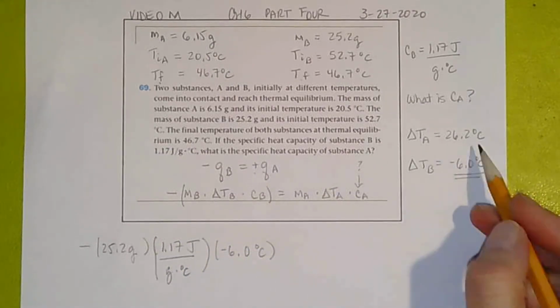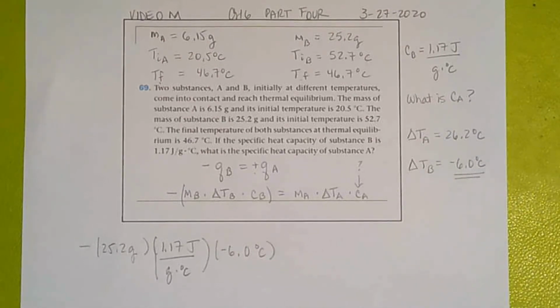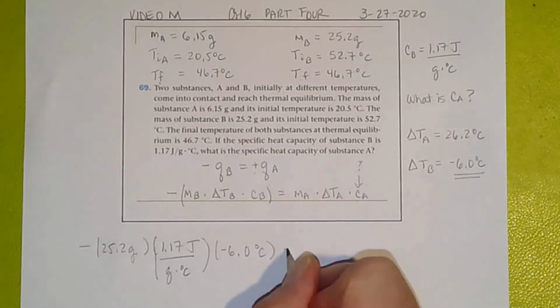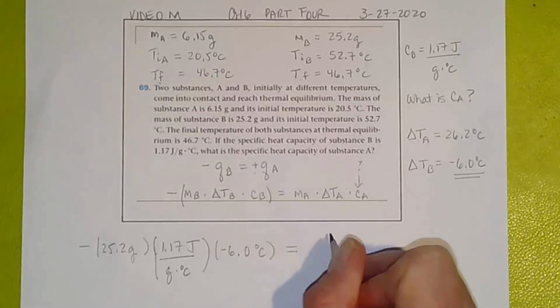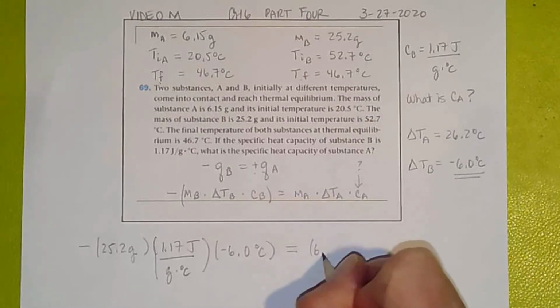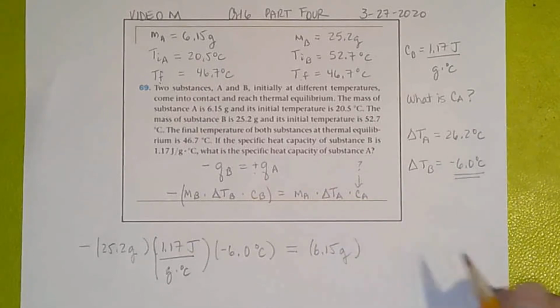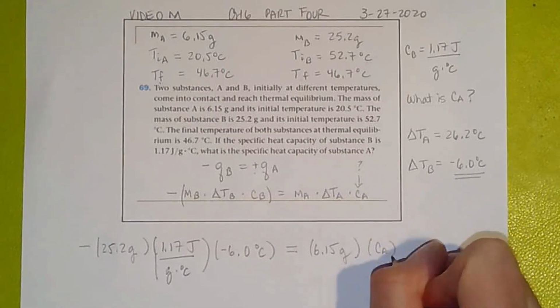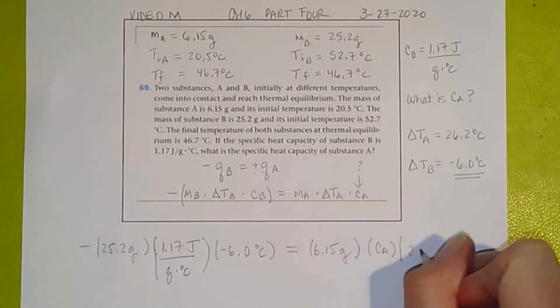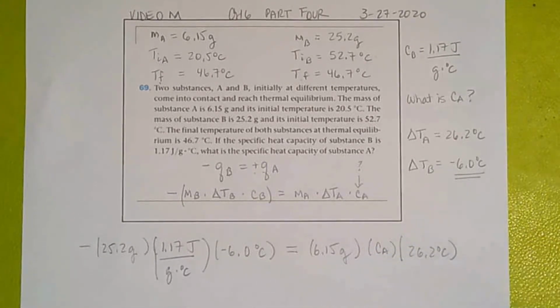Notice also that one of your delta T's should be positive and one should be negative because one's getting warm and one's getting cold or cooling down. Okay, then over here we have 6.15 grams times Ca times 26.2 degrees. Okay, so then all we have to do is solve for Ca.